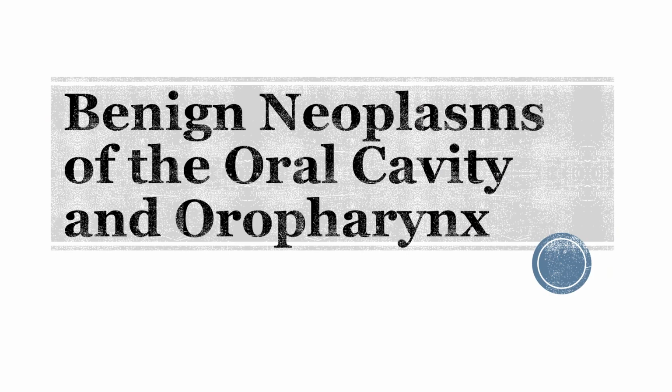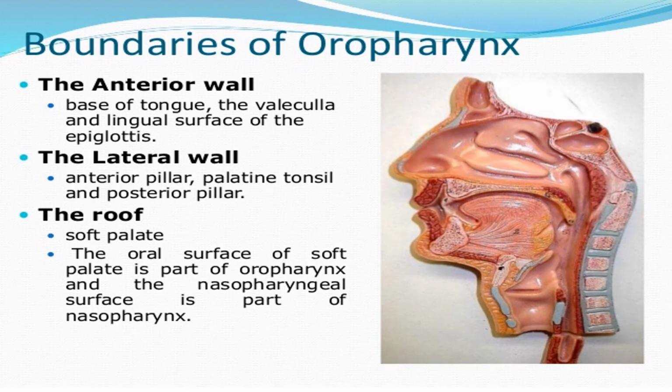Next, we'll be discussing the benign neoplasms of the oral cavity and the oropharynx. These are the boundaries of your oropharynx. The anterior wall is composed of the base of tongue, the vallecula, and the lingual surface of the epiglottis. The lateral wall is the anterior pillar, palatine tonsil, and the posterior pillar. And the roof is made up of the soft palate.